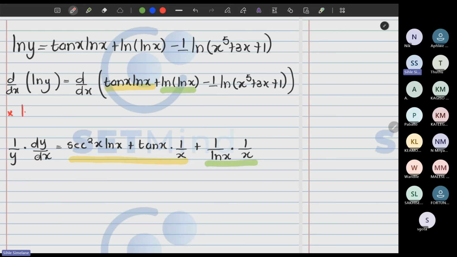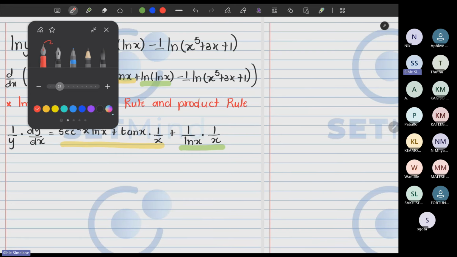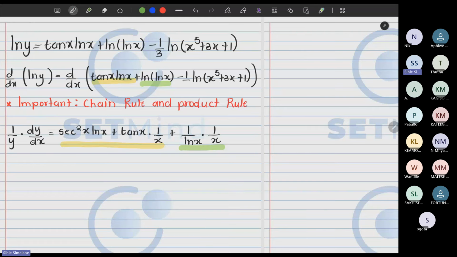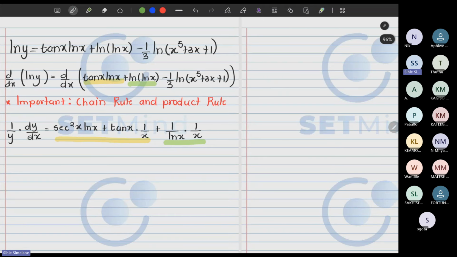So what is very important in these steps is 2 things. There's chain rule and product rule. If you understand the 2, what I'm doing here should be very easy for you. Missing over 3 and over 3 there. So let's go to the over 3 part.